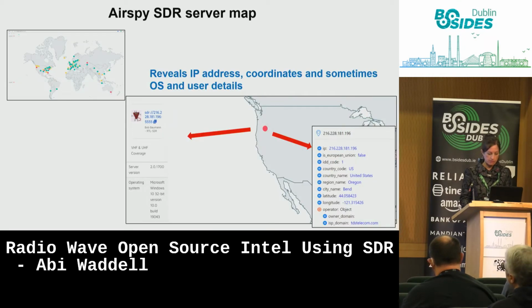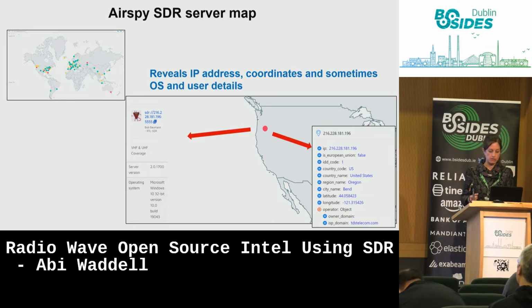The AirSpy server map shows users who have registered their SDRs as servers on this site, and this shows which are live, their location, and other details like the operating system, the type of device in use, IP address, and username.